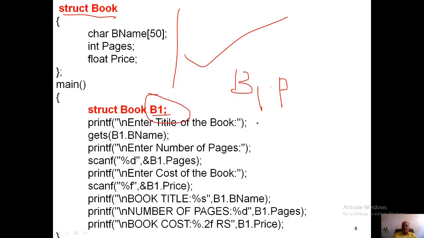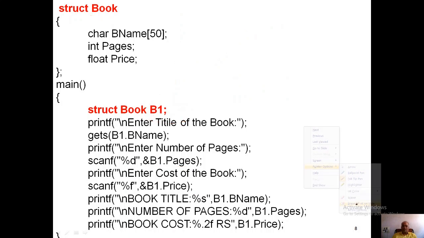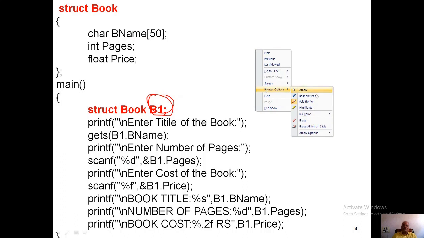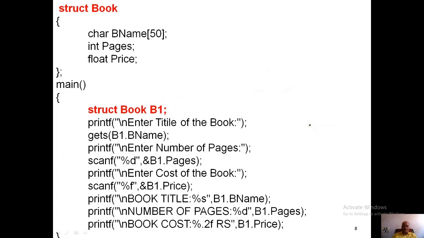As usual, output statements: enter title of the book, b1 dot book name; enter number of pages, b1 dot pages; enter cost of the book, b1 dot price, similar to that. You have to understand the variable name. What is the variable name here? b1.